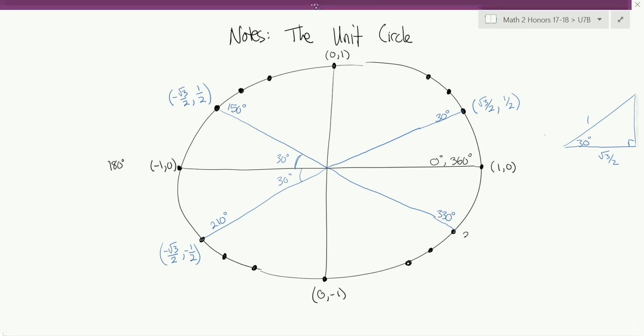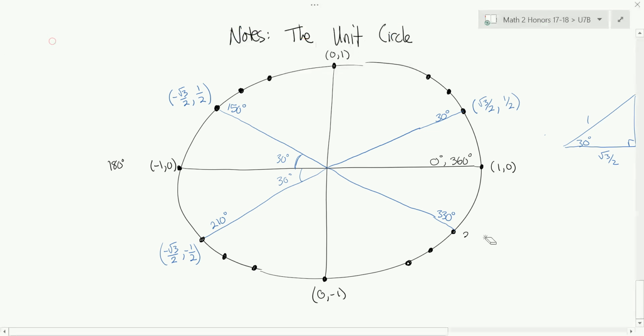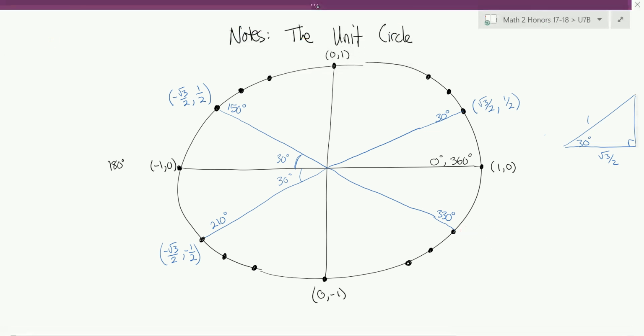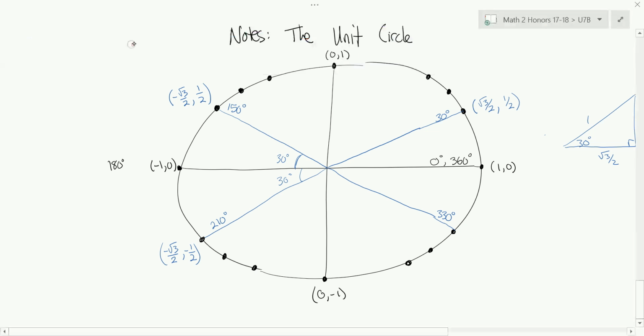And we want that coordinate, which is going to be what? Positive or negative root 3 over 2? Positive root 3 over 2. And then positive or negative 1/2? Perfect.